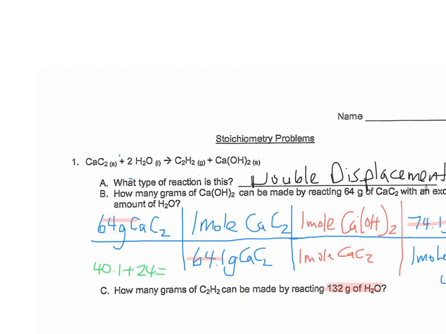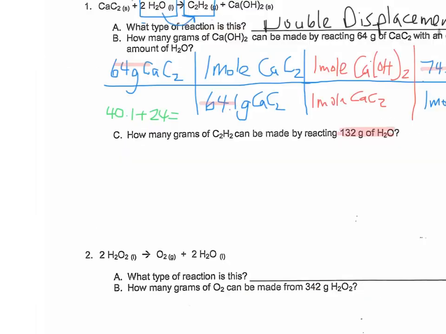And so since I just started over here, I'm going to put a new box around it. 132 grams of water. How many grams of C2H2 can I make? Okay, so we can literally convert from one thing to the next, no matter if we're looking at reactants to products, reactants to reactants. So give that a shot.